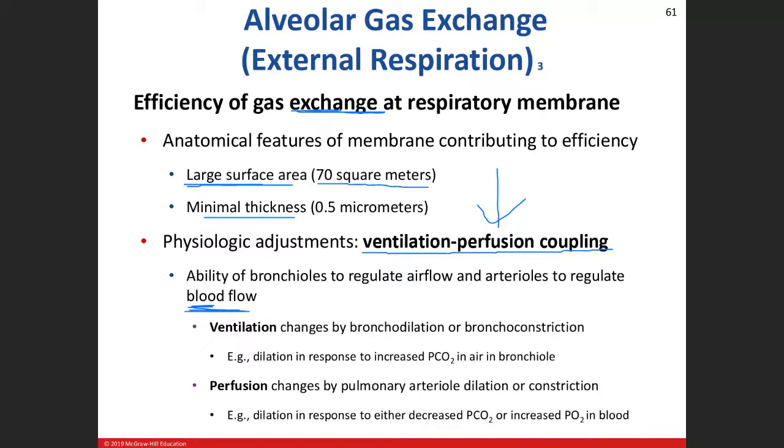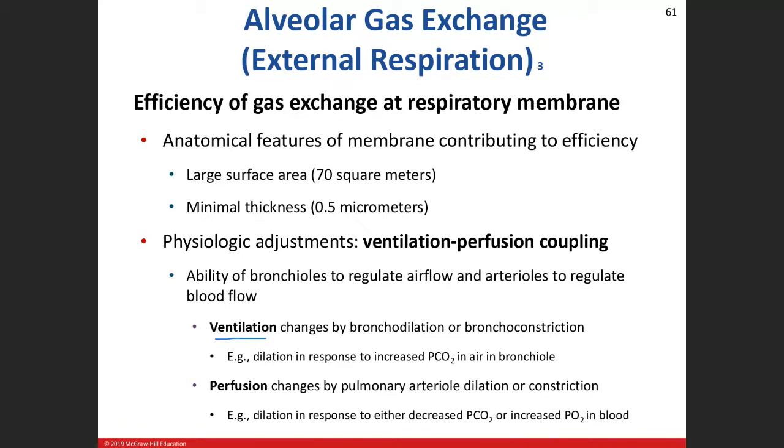So in this situation, when we talk about ventilation, we're going to deal with the bronchioles. Your bronchioles can be in a state of constriction or dilation. If they are dilated, more air can flow in.